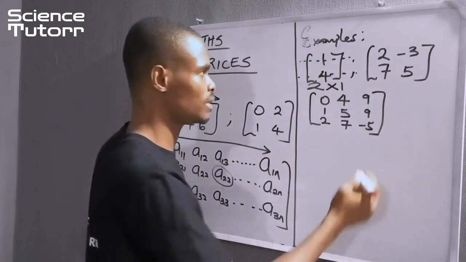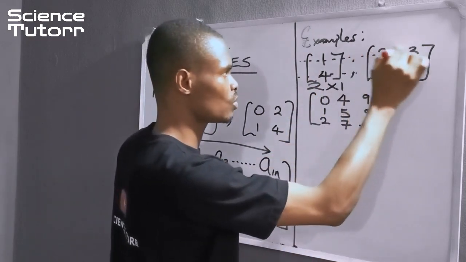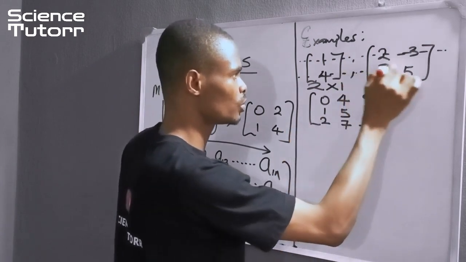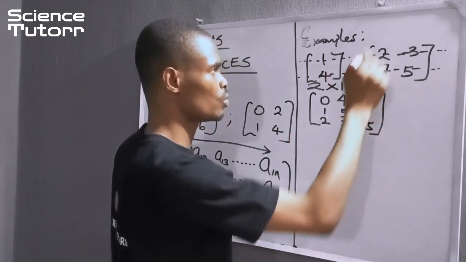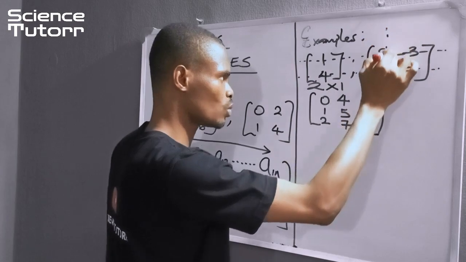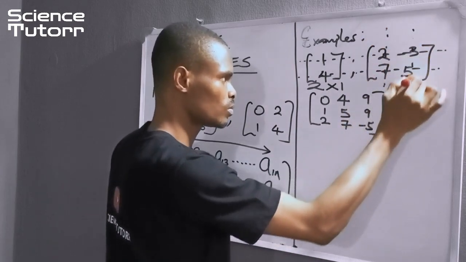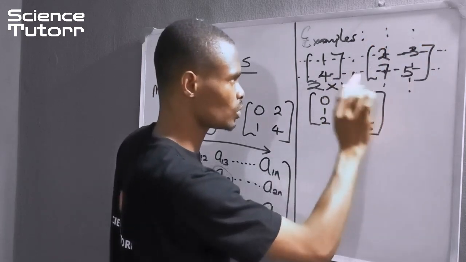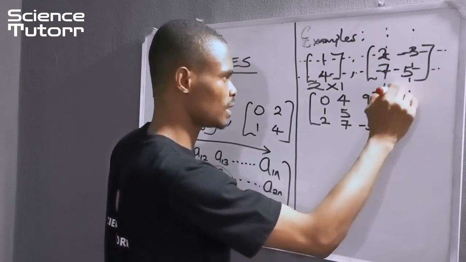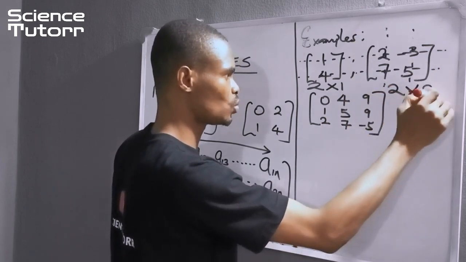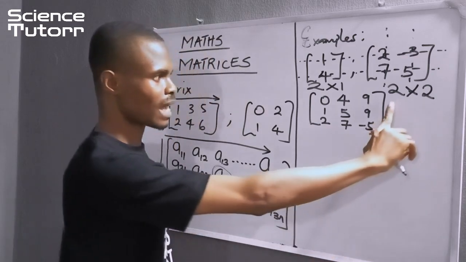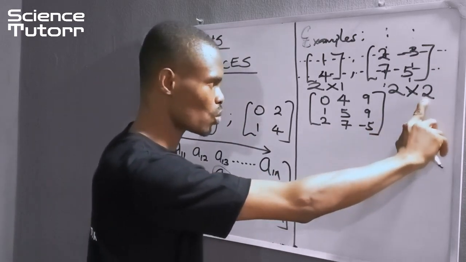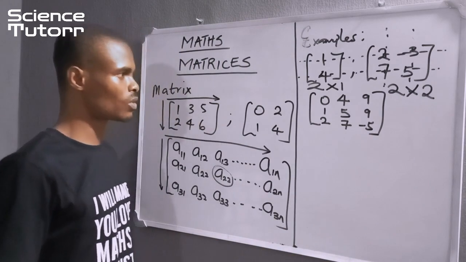Now what type of matrix is this? This is having 1 row, 2 rows, so then moving downwards we have 1 column, 2 columns. This is a 2 by 2 matrix, meaning it is having 2 rows and 2 columns. How about the third case?